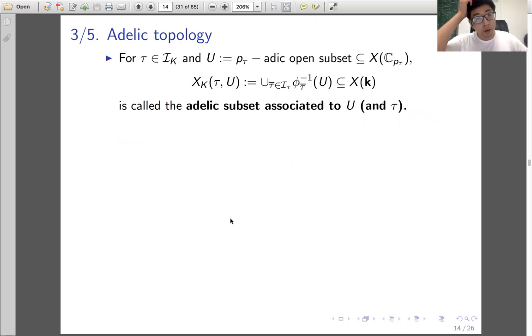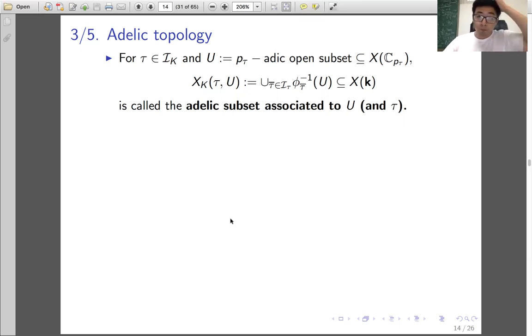Okay. So for every embedding τ in I_{K'} and every p_τ-adic open subset U in X_{K'}(C_{p_τ}), we denote by X(K)_{τ,U} the union over τ-bar in I_τ of φ_{τ-bar}^{-1}(U) in X(K).